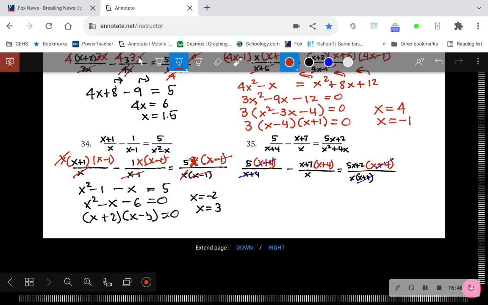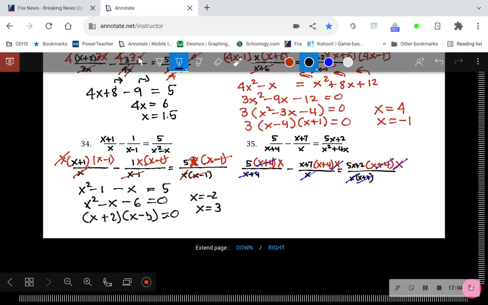Okay, and then we have to multiply everything by x. And that'll cancel this x with that x and this x with that x. And now we're going to clean up what we have left here.